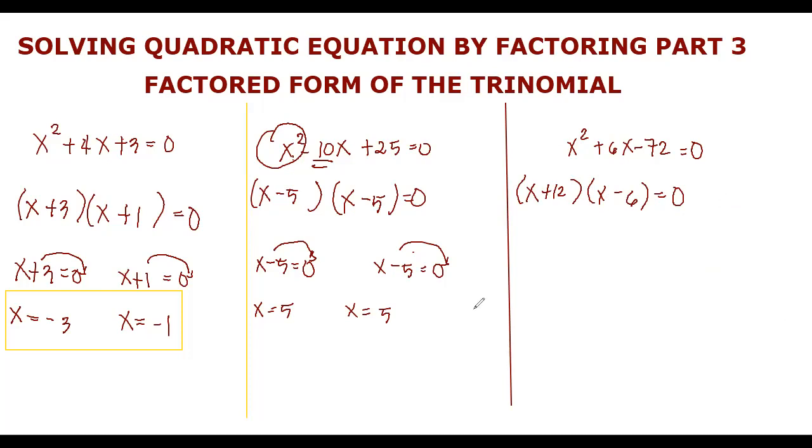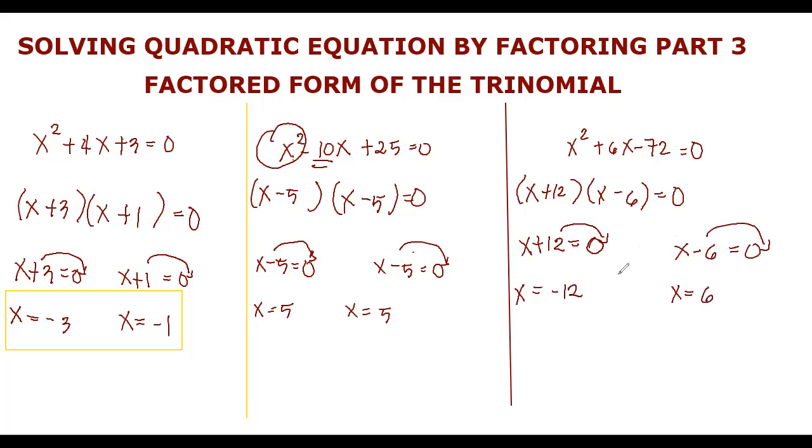Okay, so now let's equate this to zero property of equation. So we have x plus 12 is equal to 0. Then x minus 6 is equal to 0. Okay, so you need to transpose it to the right side of the equation. It will become x is equal to negative 12 and x is equal to, transpose it to the right side of the equation, it will give us positive 6.